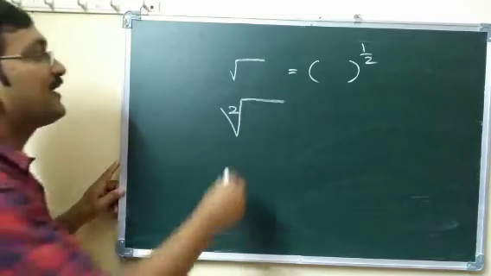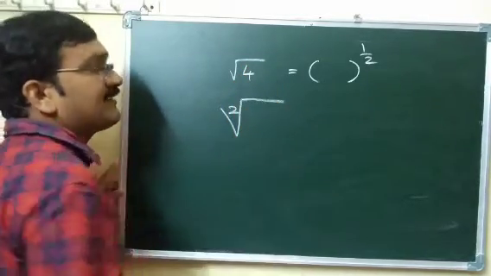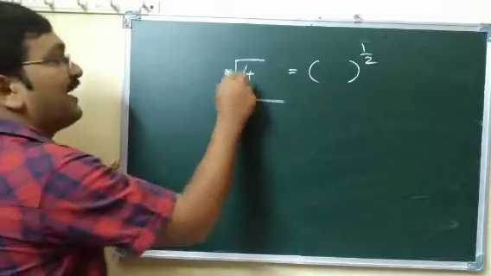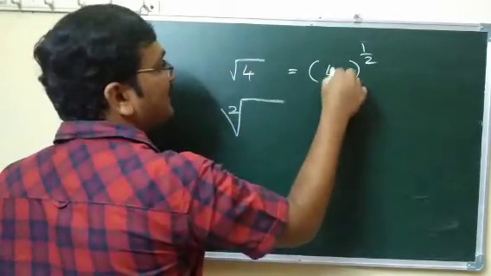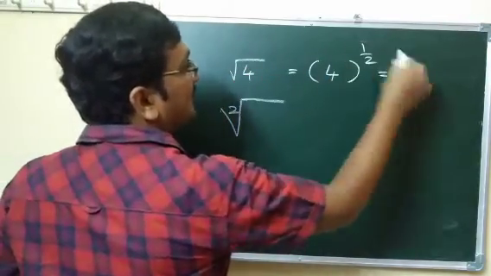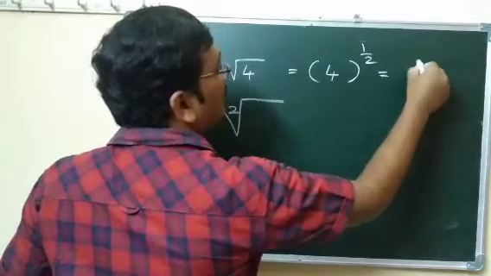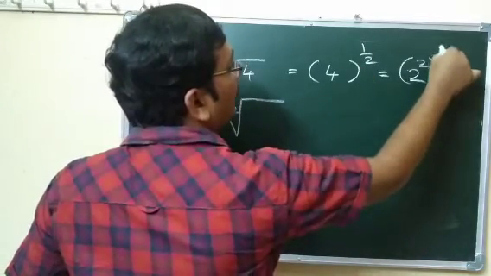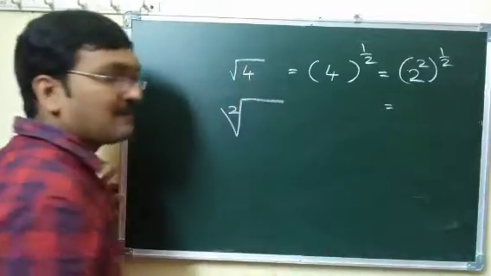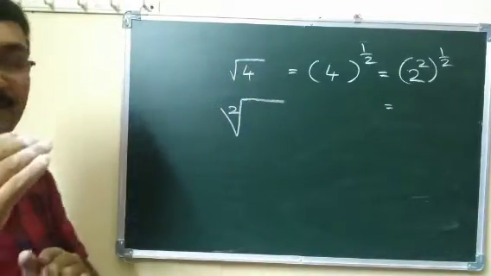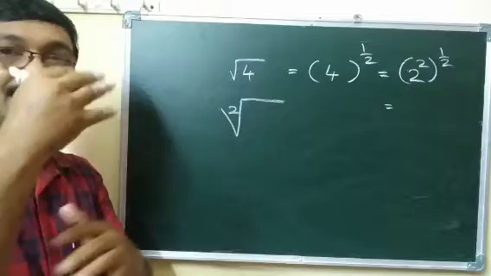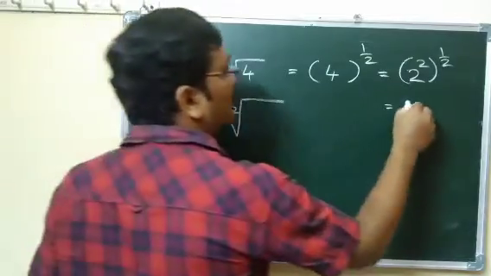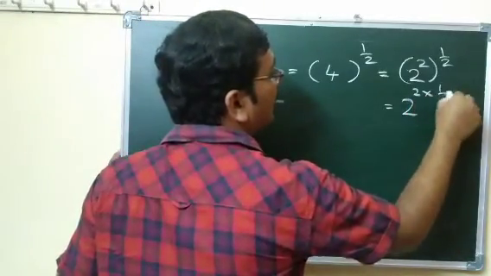Suppose 4 is there. 4 square root means I am writing here this 4. So if we extend here, can I write this 4 as 2 to the power 2, and whole to the power 1 by 2. And the exponent of it, 8x to the power m and whole in a bracket, then that we can write in the form of 2 into 1 by 2.